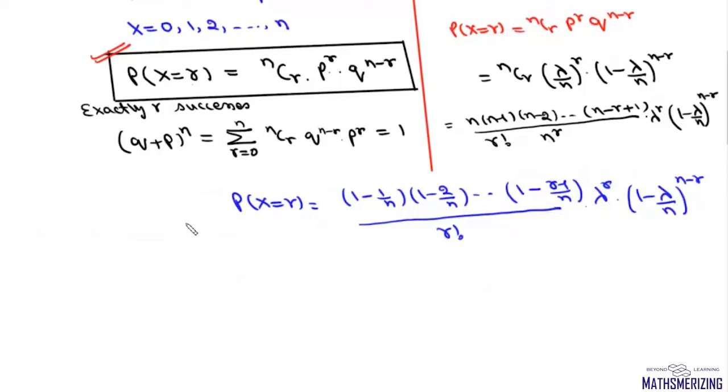Now for Poisson's distribution, we have taken the condition that n tends to infinite. So we'll take this limit.